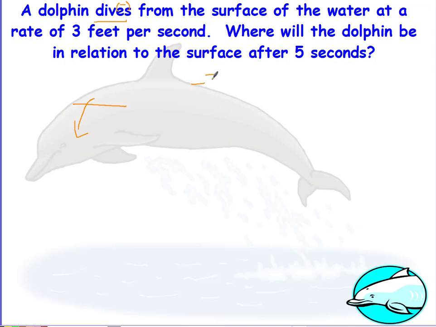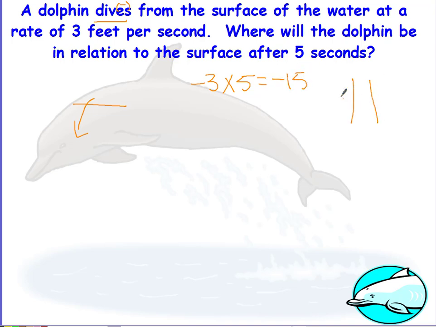So -3 feet per second. We want to know where he is going to be after the 5 seconds. Well, -3 times +5 gives me a -15.